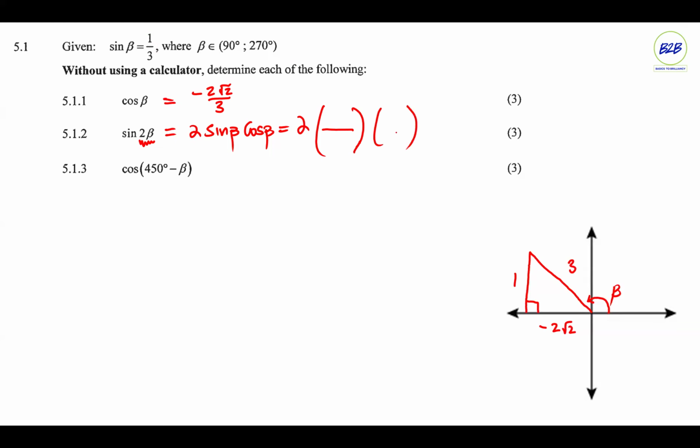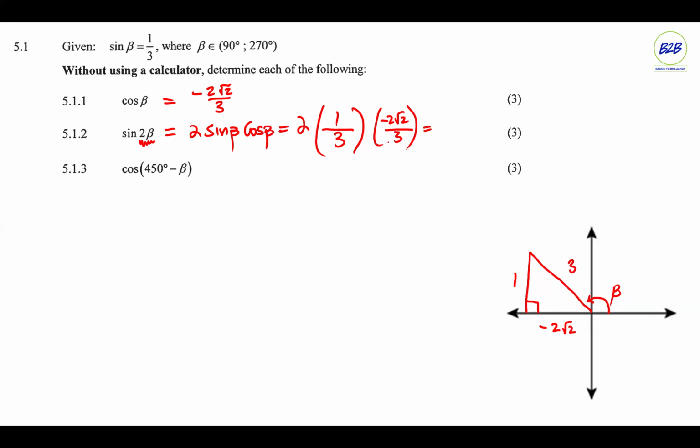We open another set of brackets, and then we will substitute there the value of cos beta as per the diagram. Sine beta is opposite over hypotenuse, which is 1 over 3. Cos beta is adjacent over hypotenuse, which is negative 2 root 2 over 3.